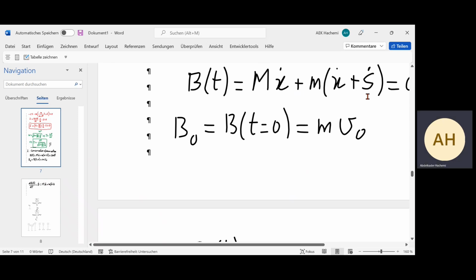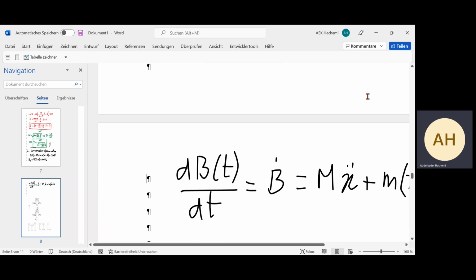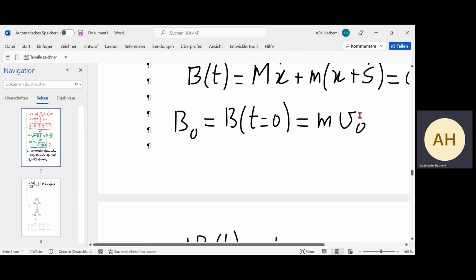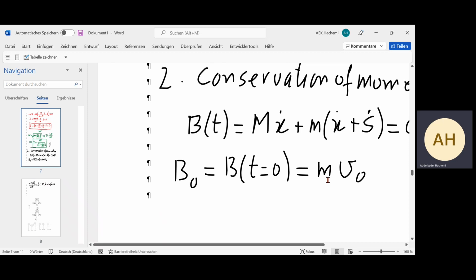Then in this case, the time derivative of B will be this part, and the second term here will be equal to 0, as the mass and V0 are constant.